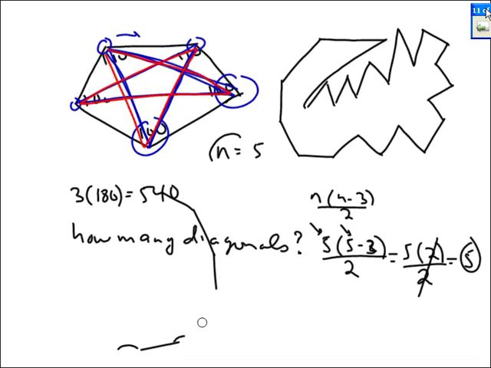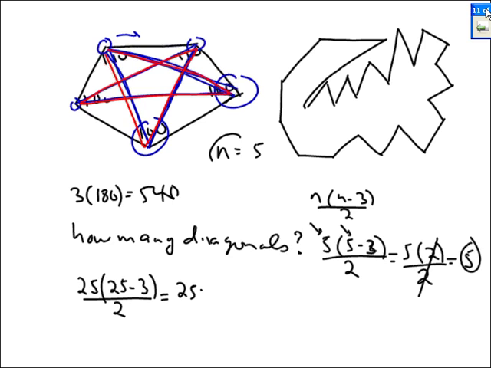But you want to draw the 25-sided figure, go for it. Good luck in drawing the diagonals. And just for the fun of it, let's see how many it'll be. It's n times n minus 3 over 2, which is 25 times 22 over 2. 2 goes into 22 11 times.